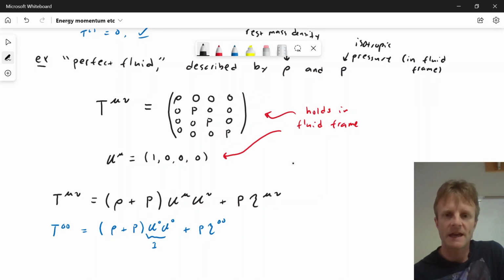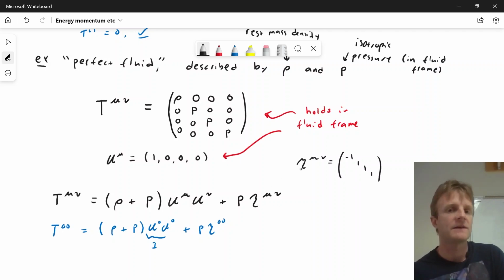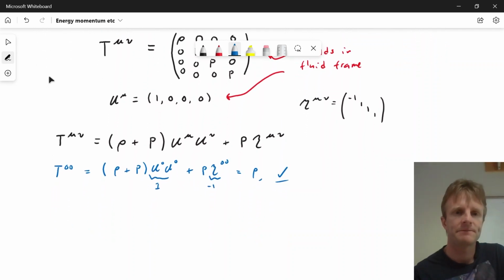But remember that eta is the diagonal matrix that's got minus 1, 1, 1, 1 on the diagonal and zeros elsewhere. So eta^00 is minus 1. So you can see the P cancels the P, and indeed we just get back rho. That one works.